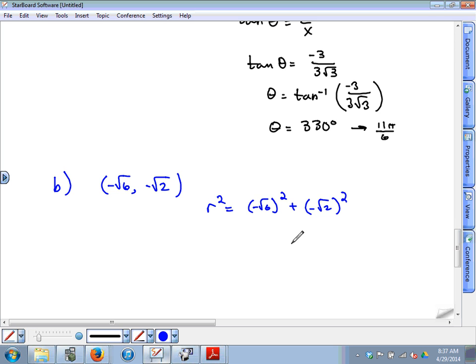So what is that? 8. Yep. r squared equals 8, so r is equal to 2 square roots of 2.